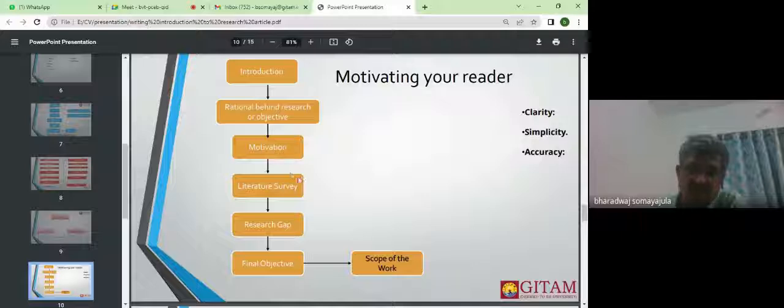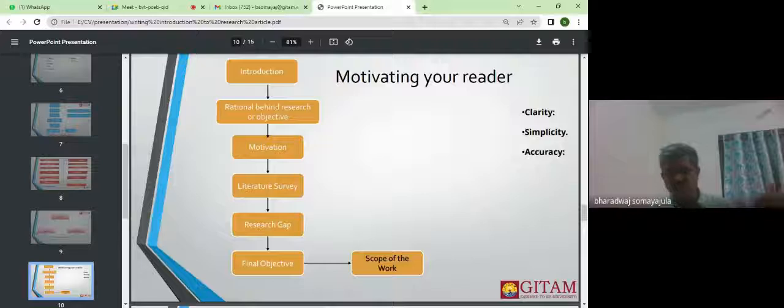Once you complete your results and discussion, automatically your literature survey will be there. You know who has done what, what their limitations are, and you will write that same thing in the introduction. So say XYZ has undergone a series of studies on ABC compound, and he has found resistivity which is limited to so and so value.